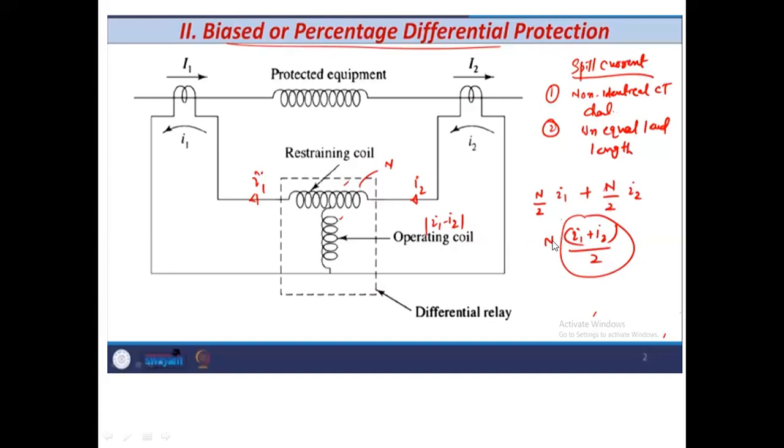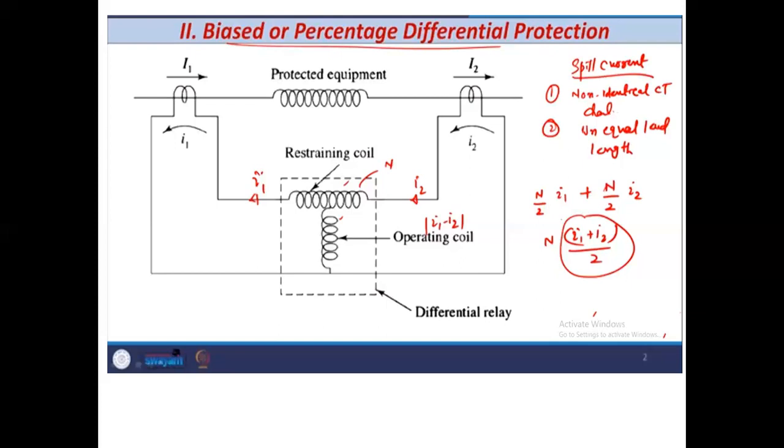Taking n common, n times I1 plus I2 divided by 2. So this is the current through the restraining coil. The value will be I1 plus I2 divided by 2. This is the net current, the average restraining current.